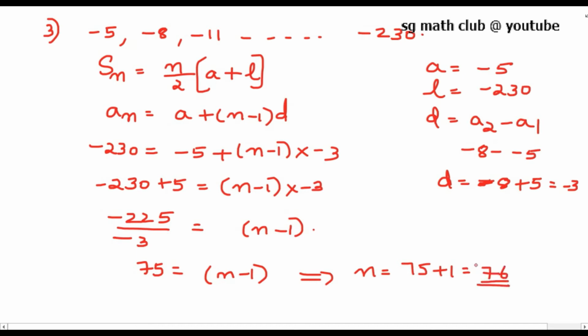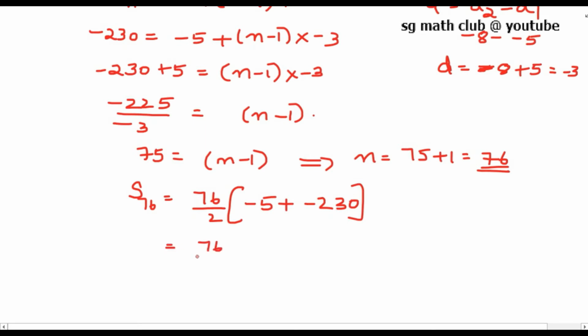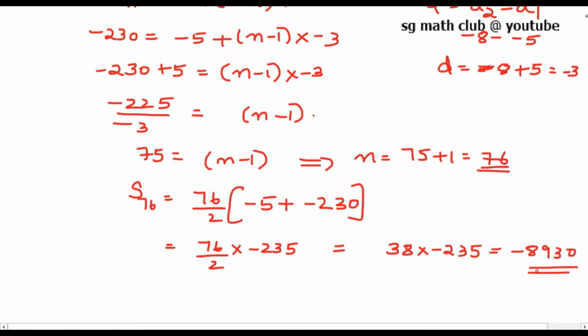We got the value of n. Now we can substitute in the formula. S76 = 76/2 × (first term + last term) = 76/2 × (−5 + −230) = 76/2 × (−235) = 38 × (−235). So the answer is −8930.